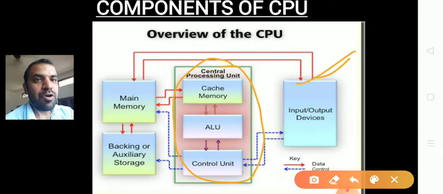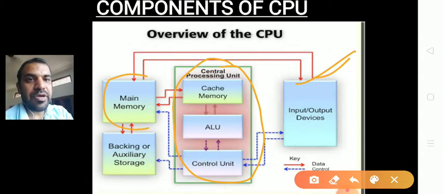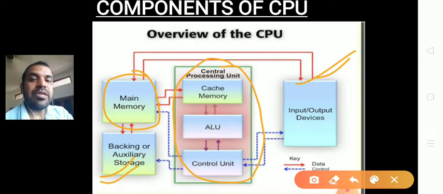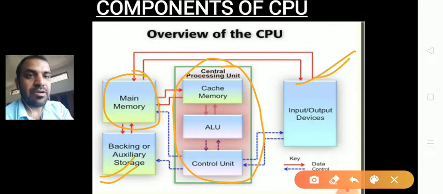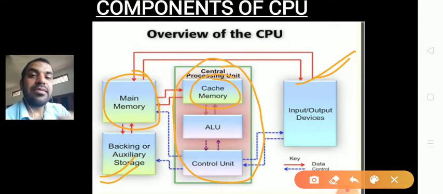This is your input or output devices. This is your main memory where you can process your data. This is auxiliary storage, where you can keep your data for permanent storage. This is your cache memory where the data is stored for some time only. ALU is for arithmetical and logical operations only.